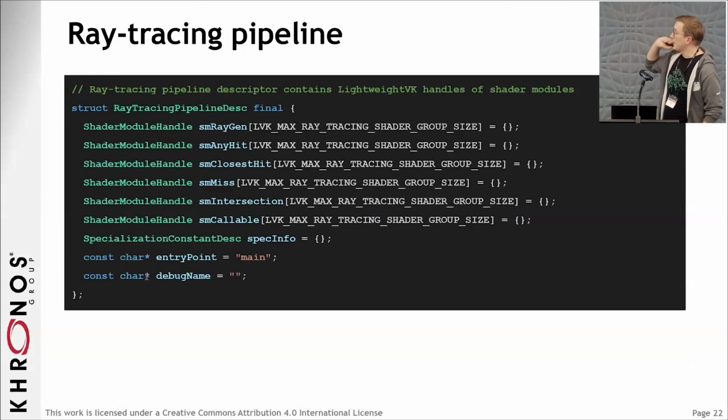The ray tracing pipeline, as I promised, is pretty much everything we have. We have 6 types of shaders. We limit how many shaders of these types we can have, and that's pretty much your interface. So you just fill up this struct and use it.